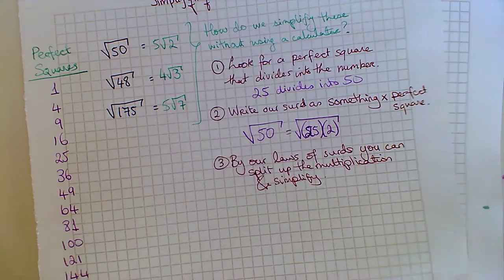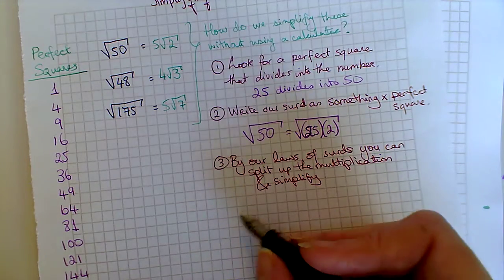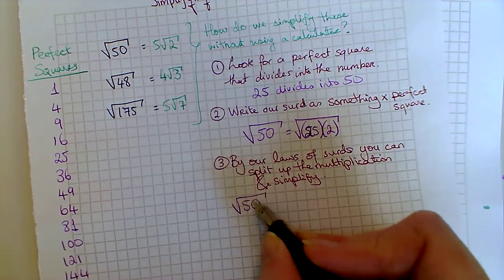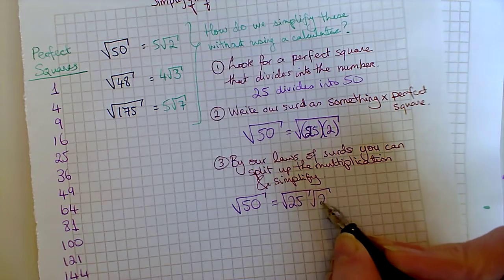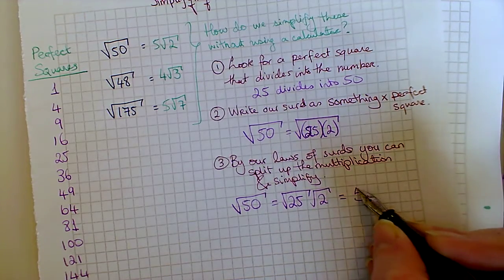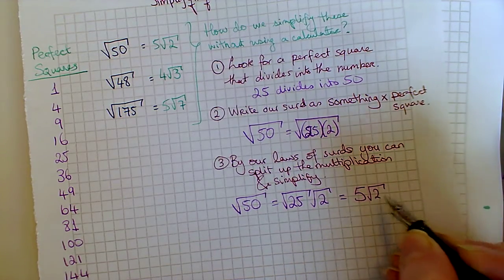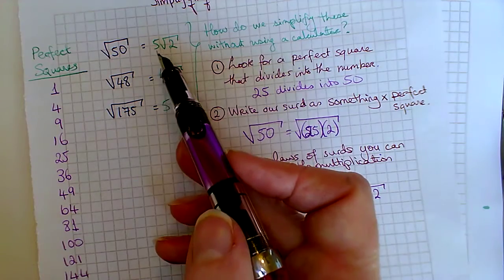So this becomes that the square root of 50 is equal to the square root of 25 multiplied by the square root of 2. But of course, the square root of 25 is just 5, and that's where the 5 root 2 came from.